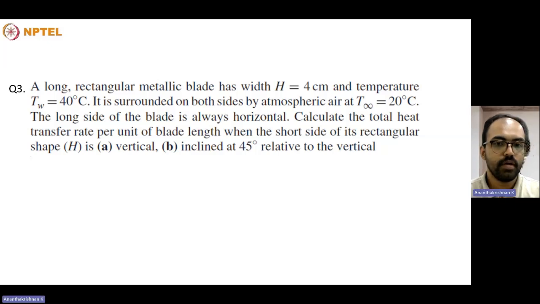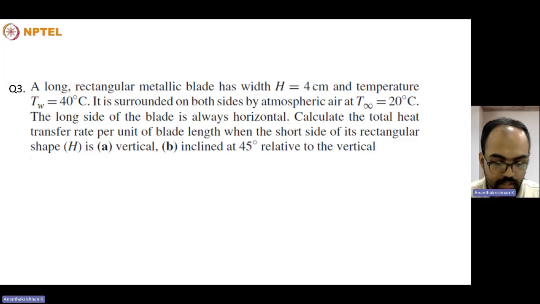So this problem is a free convection problem on top of vertical plates. A long rectangular metallic plate has width h equal to 4 centimeters and wall temperature 40 degrees Celsius. It's surrounded on both sides by atmospheric air, T infinity is 20 degrees Celsius. The long side of the blade is always horizontal. Calculate the total heat transfer per unit of blade length when the short side of its rectangular shape is vertical and inclined at 45 degrees relative to vertical.